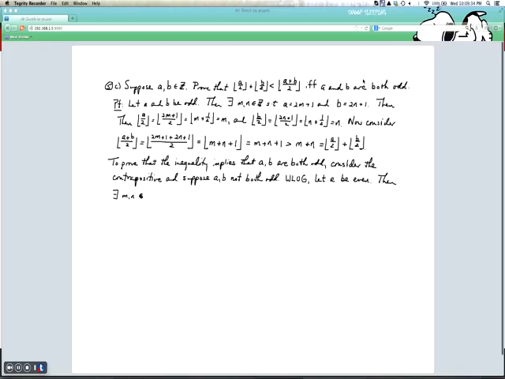Then there exist integers m and n such that A now is 2m and B is 2n plus 1. Okay?